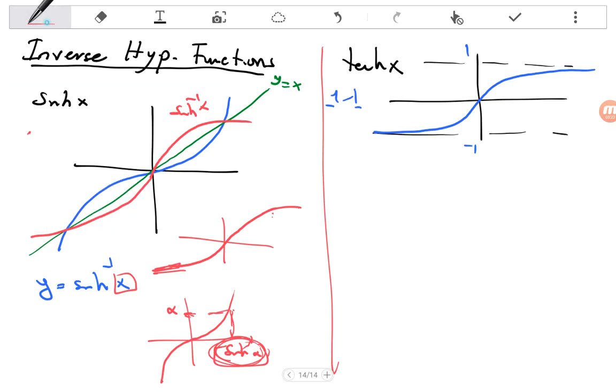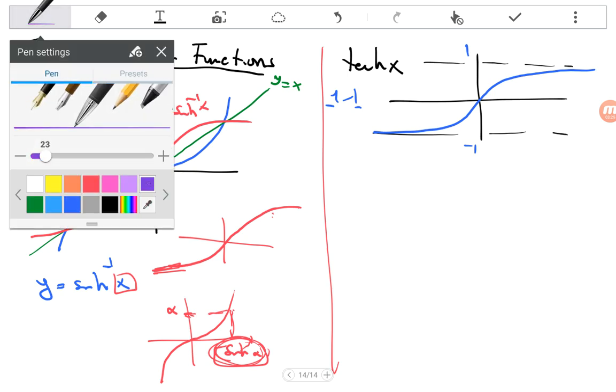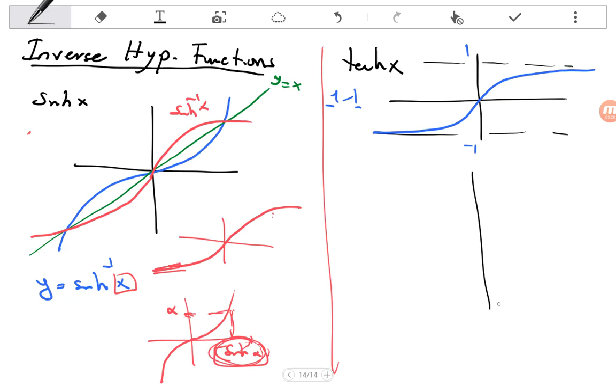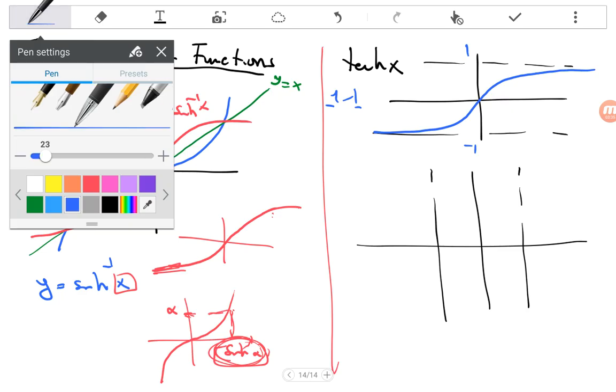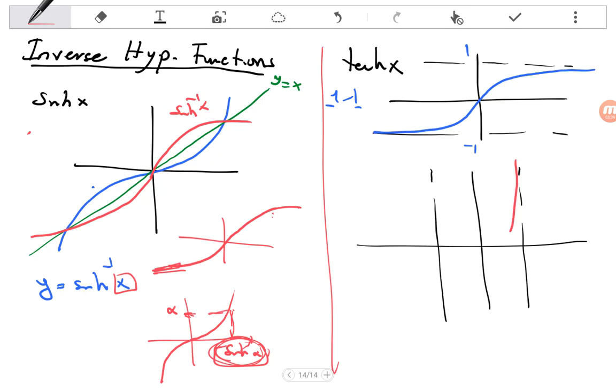So what is the inverse function for this one? It will just be graphed like this. Instead of horizontal asymptotes, I will have vertical asymptotes like this, and the inverse function will just be like this, from -1 to 1.